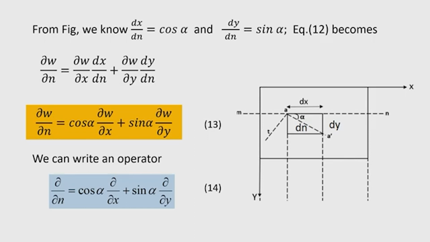Actually, it is the slope along the normal direction at the edges or at the boundary. So, here this operator ∂/∂n can be written as ∂/∂n equals cos α ∂/∂x plus sin α ∂/∂y. So, this operator we will use later.